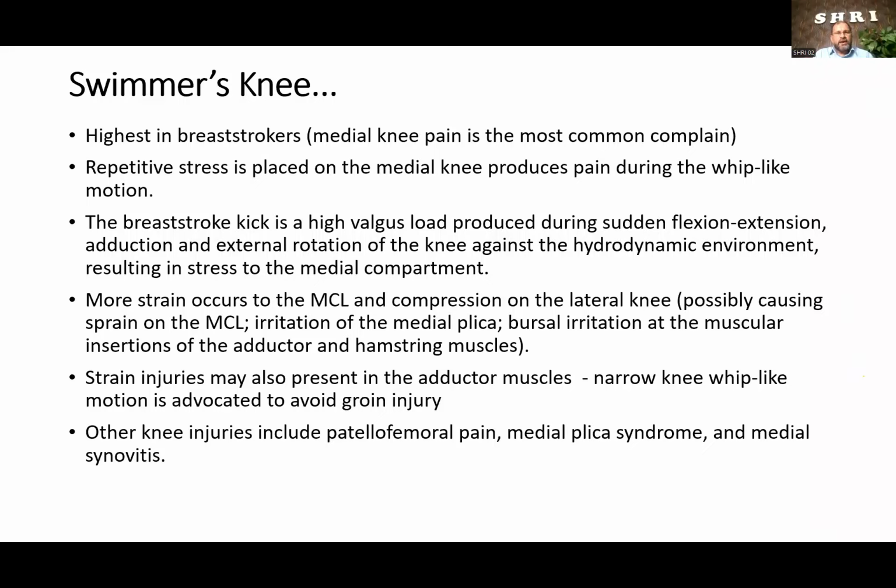So when they have more stress on the medial side, not only the MCL, at the same time it may affect the medial side of the capsule or synovium or the medial plica, the ligaments in the medial side.